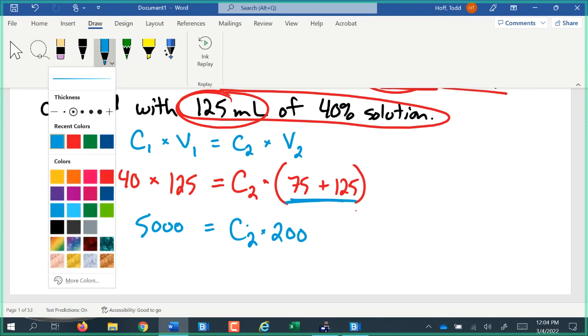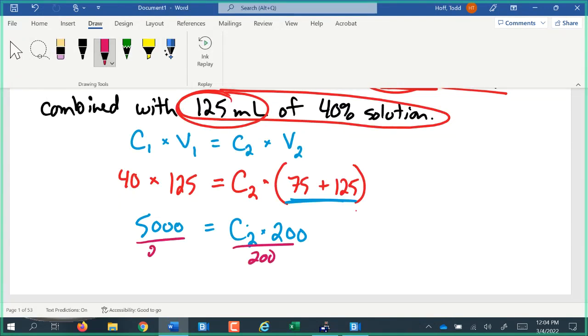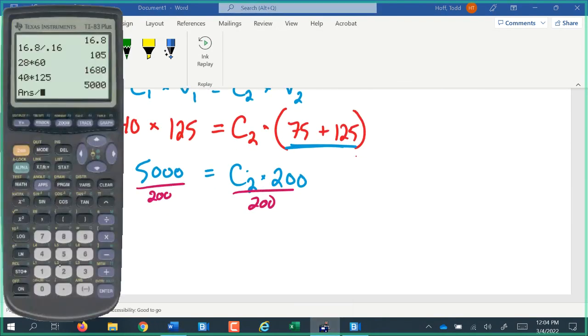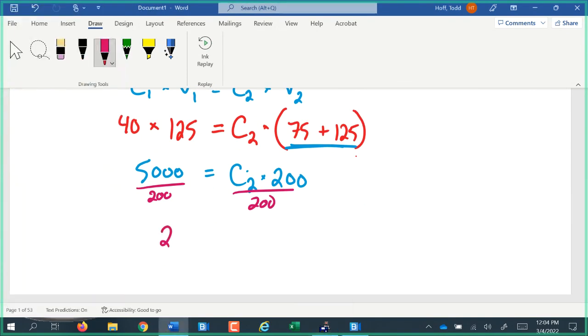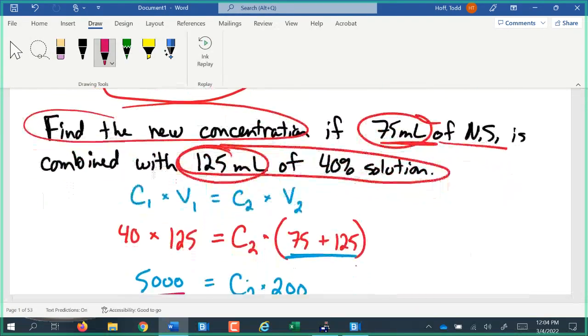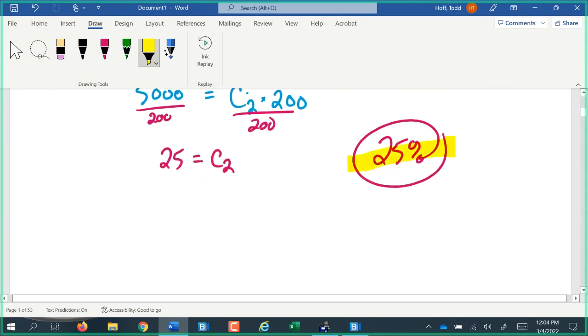And to solve this, it's simply going to be dividing by the 200. 5,000 divided by 200 should give us 25. And it does. So 25 equals C2. Remember, C2 is the concentration, so that is saying 25%. So if we add 75 milliliters of sterile water to that 125 milliliters of 40% solution, the new concentration is 25%.